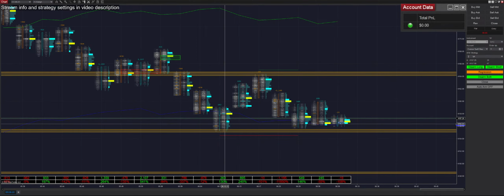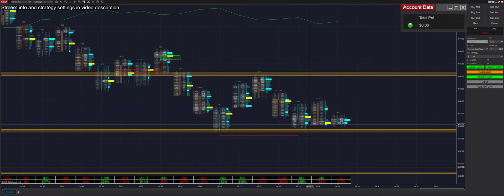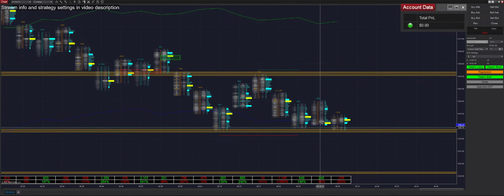You can see that this is not exactly a breakout formation. We're testing around pretty much the same areas we were yesterday, if I'm correct.